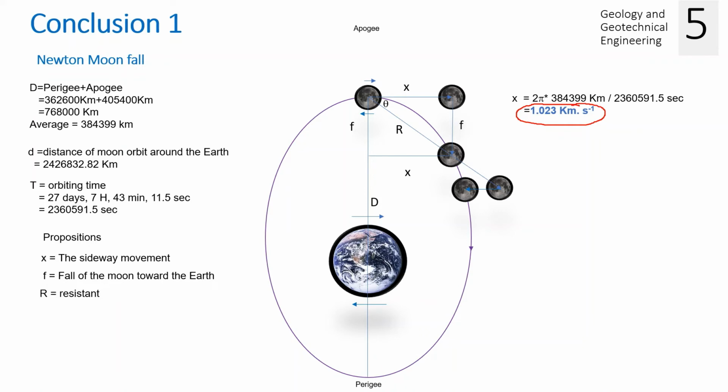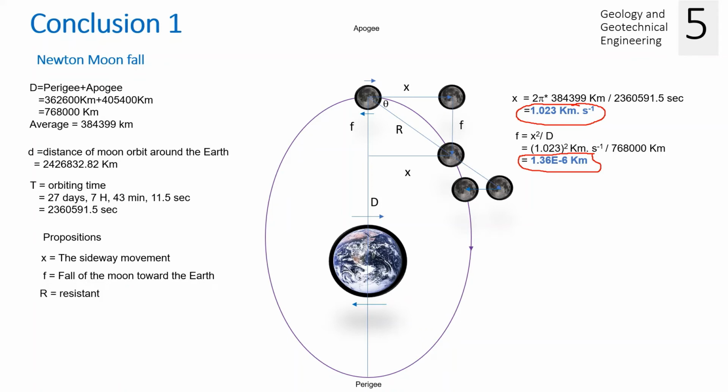And he also calculated the amount of fall of the moon back to the orbit of the Earth, and he found out it is around this number, which is around million parts of a kilometer.